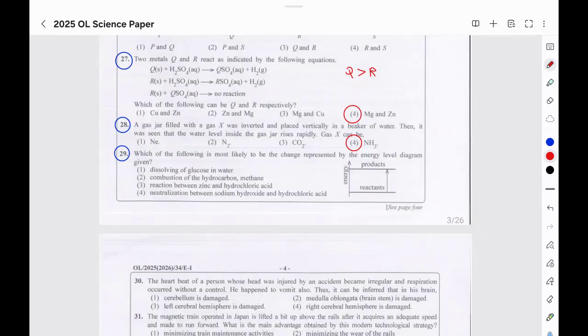Yes, you have learned this one in heat changes also, right? Can you tell me, first of all, whether this reaction is an endothermic reaction or an exothermic reaction? What is your opinion?